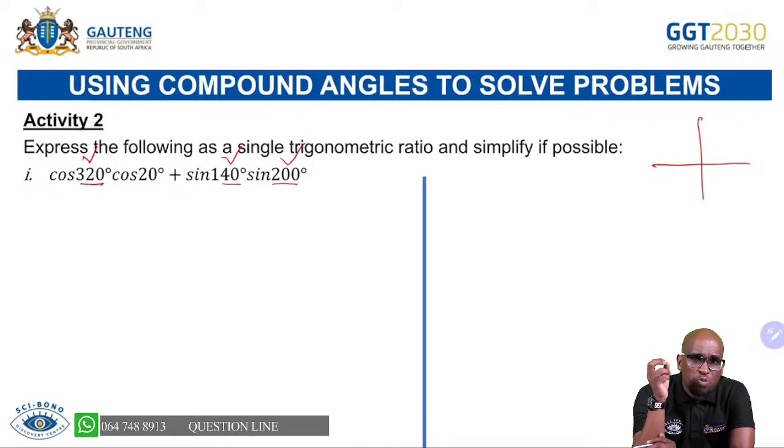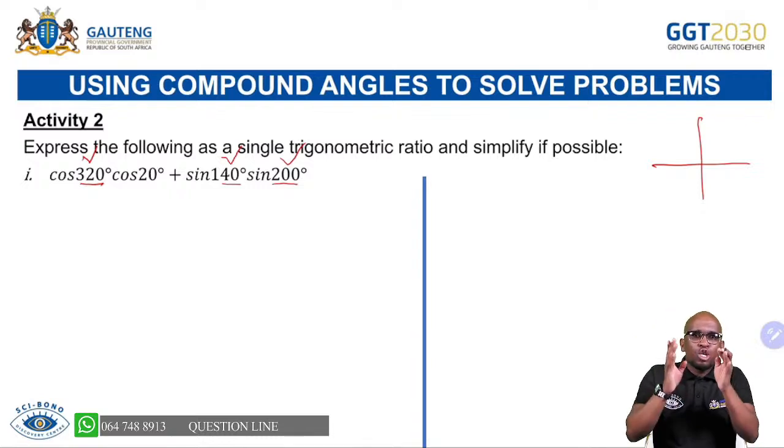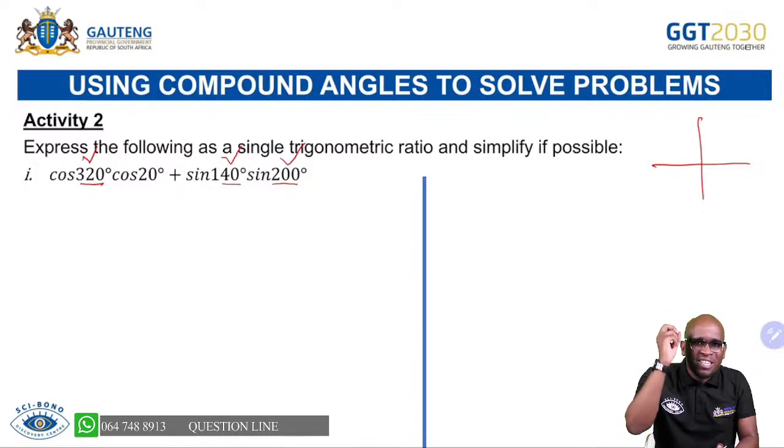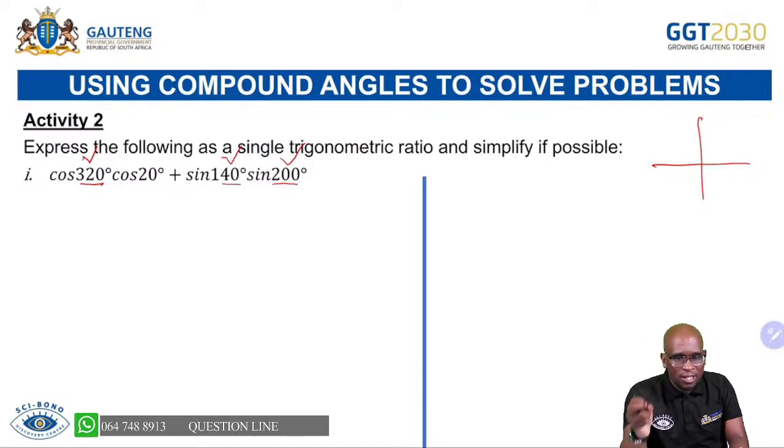So we need to reduce our obtuse angles and our reflex angles using the reduction formula that you learned in grade 11. So we've integrated this problem on compound angles together with the numerical reductions that you learned in grade 11.